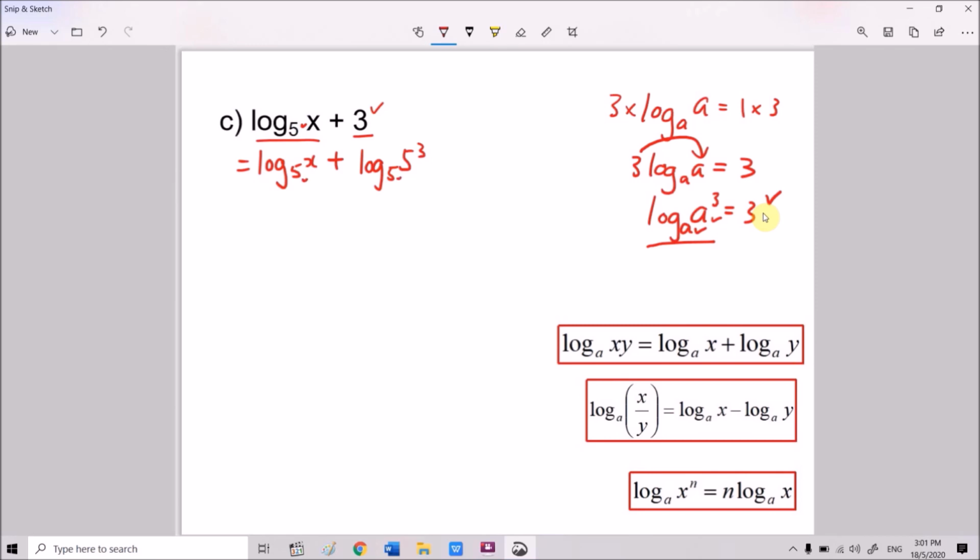Then since we have the same base, we can use the product law, because to combine them you must have the same base. Using the product law, we get log base 5 of x multiplied by 5 to the power of 3. 5 to the power of 3 is 125, so you get log base 5 of 125x.